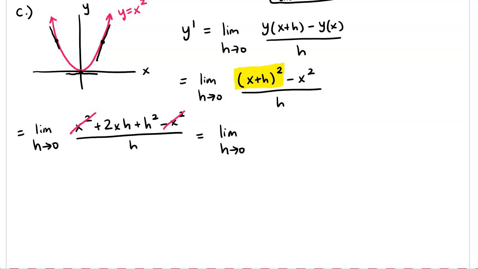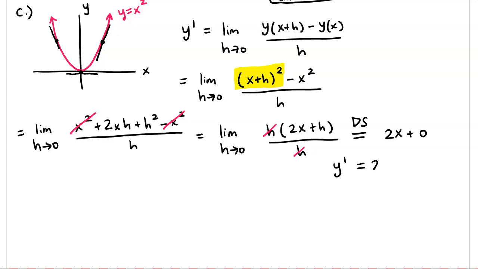And the remaining terms have h's in them, so we can factor out an h, leaving us with 2x plus h all over h. These will divide out to be 1, and now we can use direct substitution. If we do that, we get 2x plus 0, and so finally we have that y prime is equal to 2x.